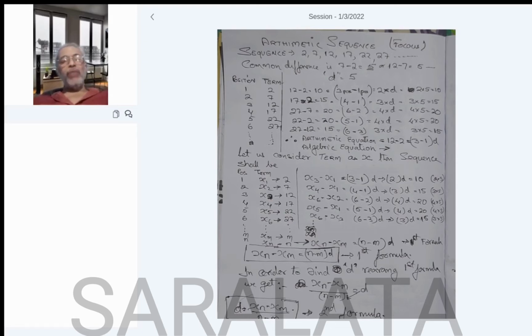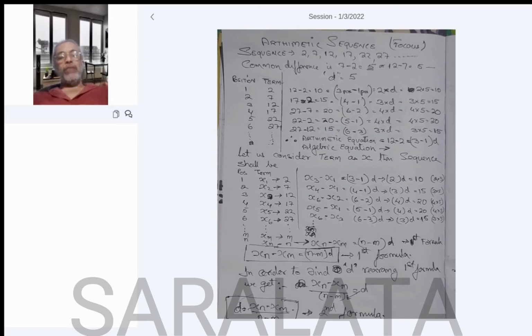And if we keep on doing it, we get an answer which is a multiple of D. That means it's a product of a particular number, a multiple of 5. So here we find that the differences we got are 10, then 15, then 20, then another 20, and then another 15.